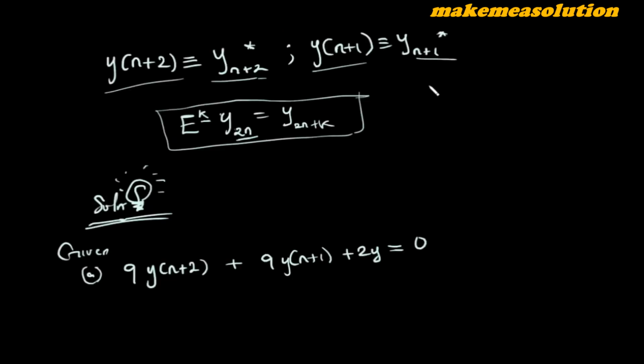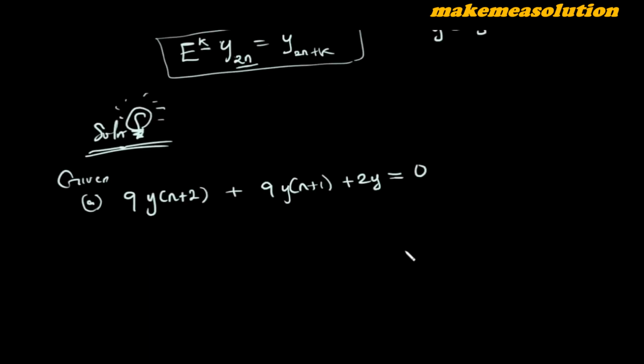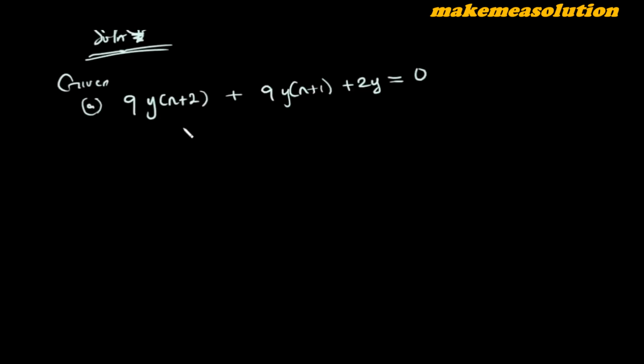Another thing is, when you see y, it's still the same thing as y of n or y subscript n. So let's take note of that. Now you're given this equation. I'm going to transform it to the subscript form, that is 9y_{n+2} plus 9y_{n+1} plus 2y_n. This is the subscript form.